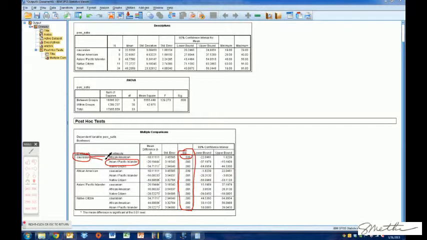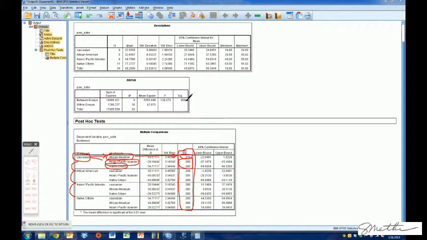Oh, I'm sorry, I made a little bit of a mistake. I circled the .039, which would be contrasting Caucasian against African American, right over here. So you see you have these significance levels that are associated with each one of these groups, contrasting one against the other. Because SPSS is pretty comprehensive, it's going to look at all of these things.